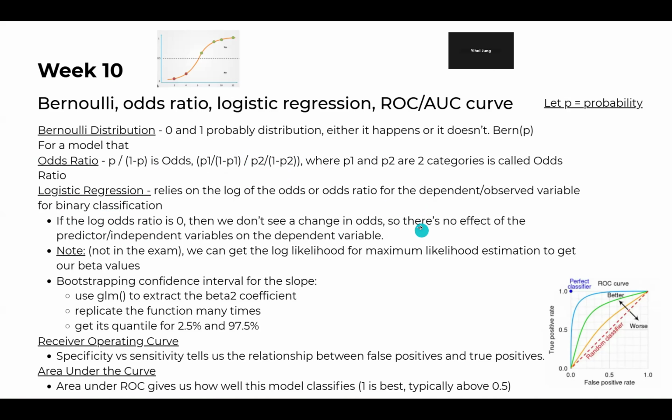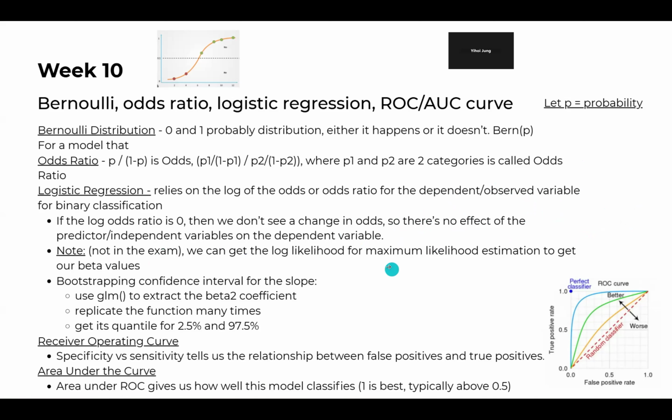So there's no effect of the independent variables, the x variables, on the y variables, the dependent variables. Basically it's saying the odds are the same, so there's no difference between them, or no significant relationship.